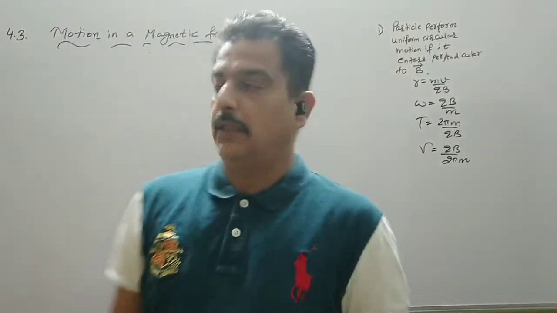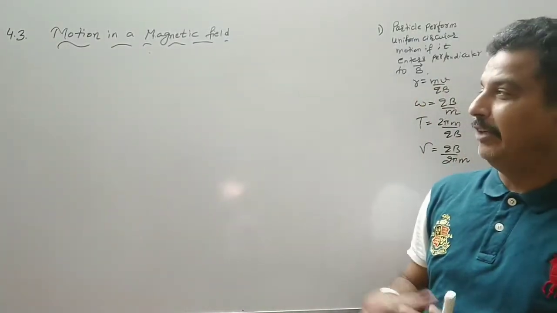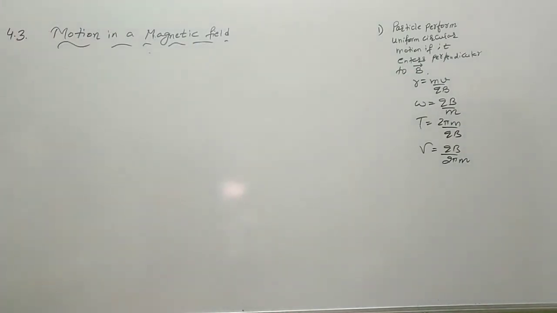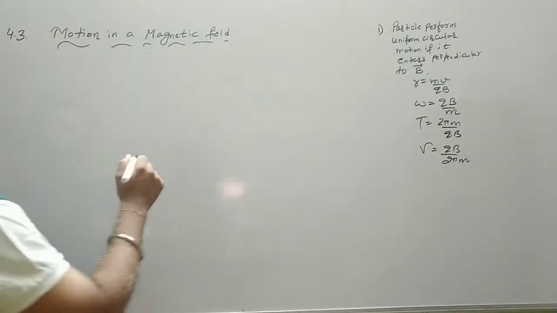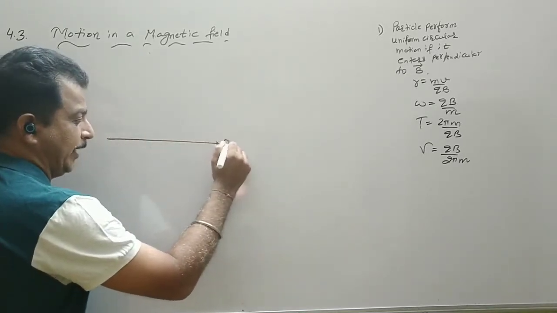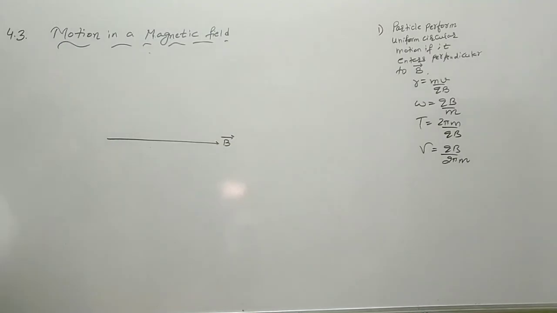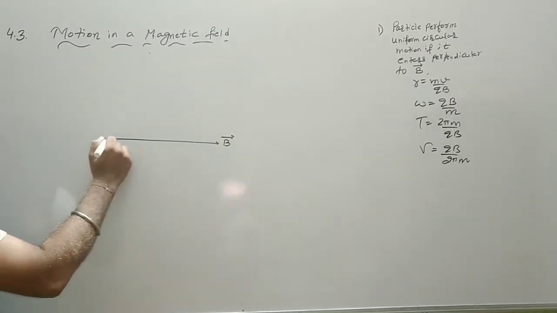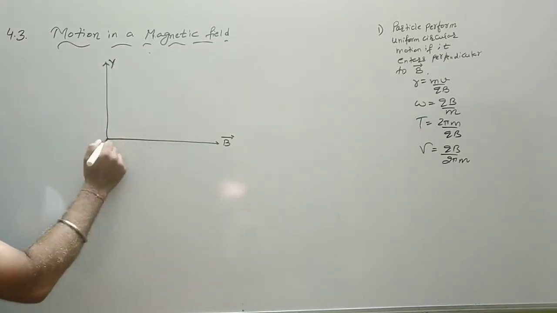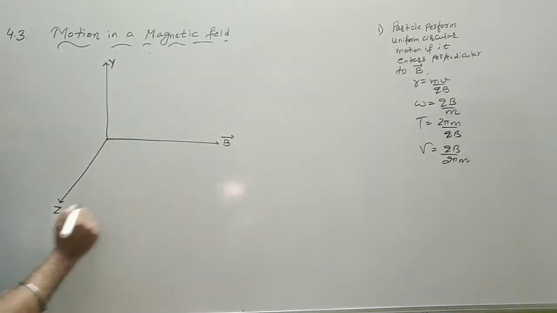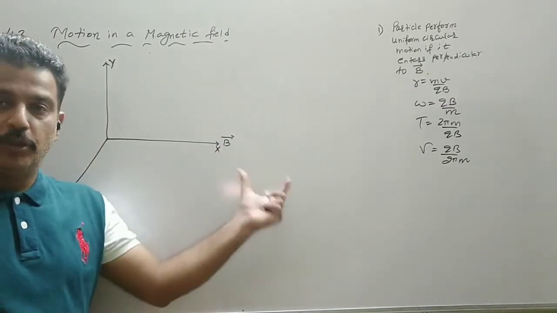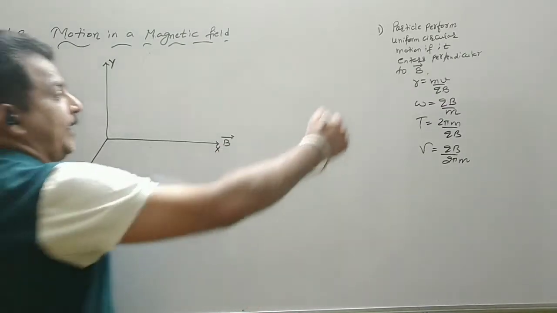For simplicity, let us take the magnetic field along the x-axis. Let this be your y-axis and this is the z-axis. So the magnetic field is uniform along the x-axis.